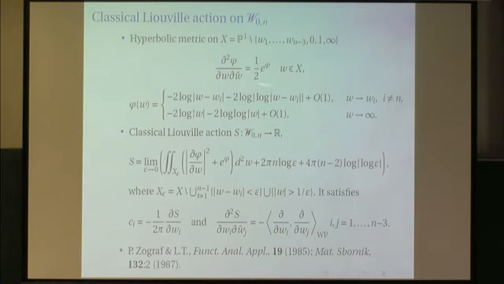So that's a very basic equation, and the fact that this metric is complete on X means that when you approach the punctures, the metric has the following asymptotics.